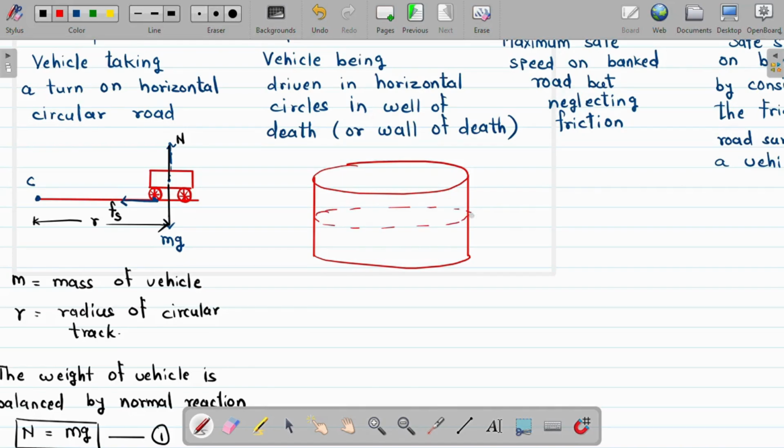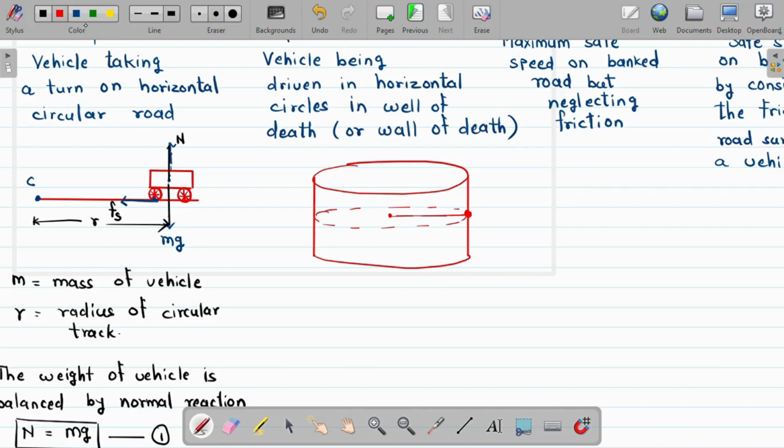So let us say this dotted circle represents the circle along which that motorcyclist is driving his bike. Now this is the radius of that circular track.